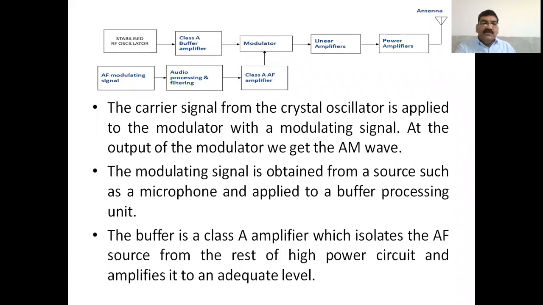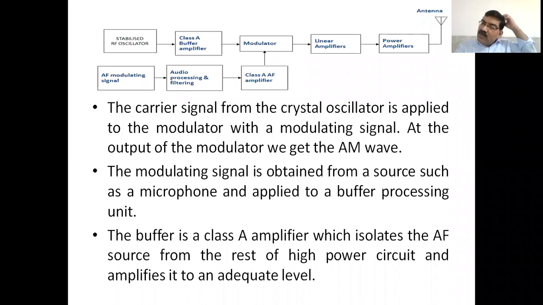The carrier signal from the crystal oscillator is applied to the modulator along with a modulating signal. At the output of the modulator, we get the AM wave. This is simple: we give the inputs to the modulator, and we get the AM wave. Next. The modulating signal is obtained from a source such as a microphone and applied to a buffer processing unit.